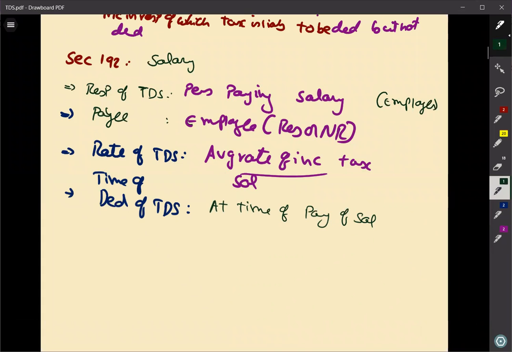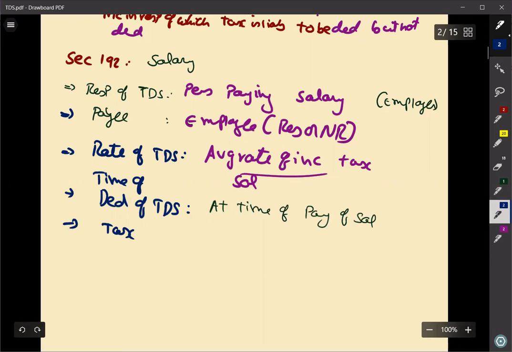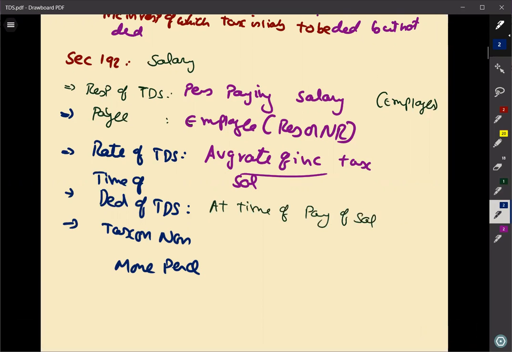Now, there is one more thing we are supposed to see here. The employer will also deduct some sort of tax on non-monetary perquisites. What is the meaning of non-monetary perquisites?